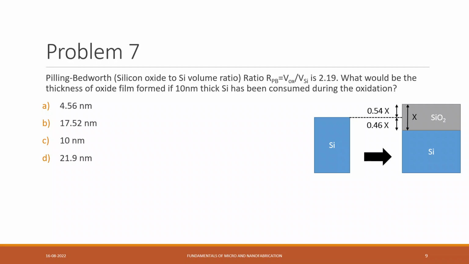Okay. Essentially, here the molar volume of oxide versus silicon is given. We know that the area is constant, because the area won't change.